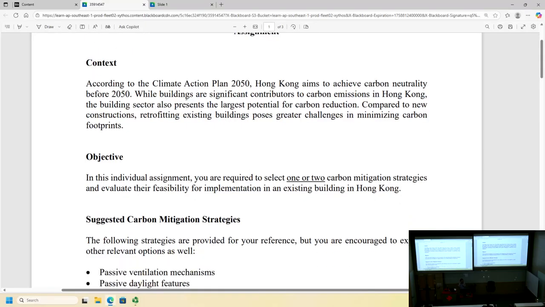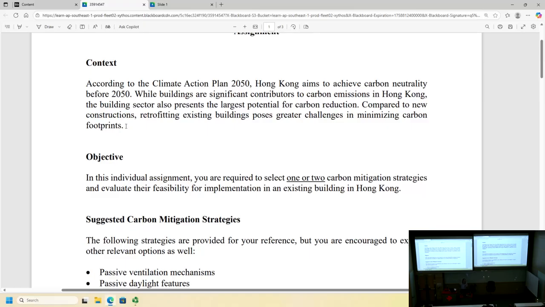According to the Climate Action Plan 2050, Hong Kong aims to achieve carbon neutrality. While buildings are significant contributors to carbon emissions in Hong Kong, the building sector also presents a large potential for carbon reduction. Compared to new construction, retrofitting existing buildings poses greater challenges in minimizing carbon footprint.